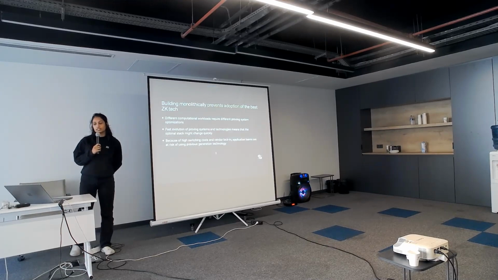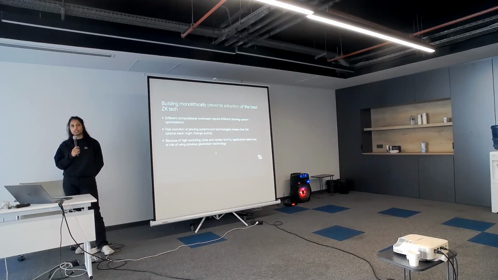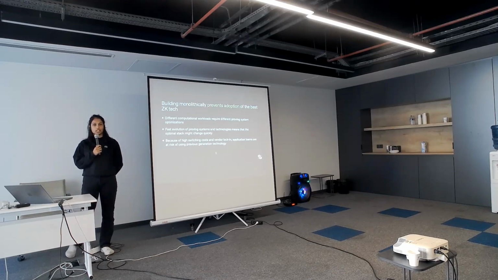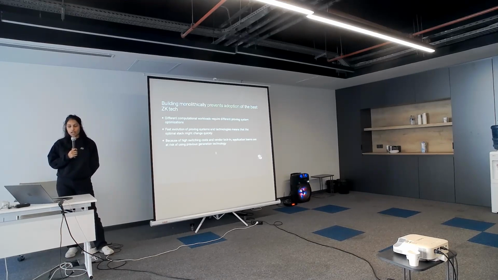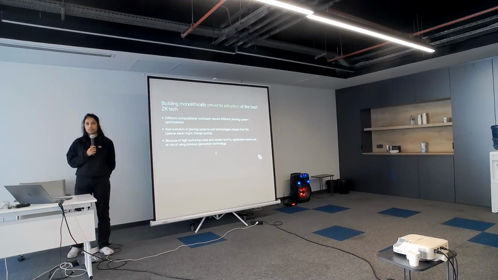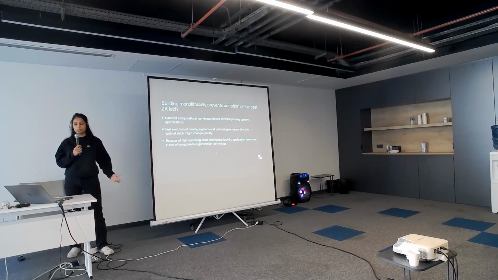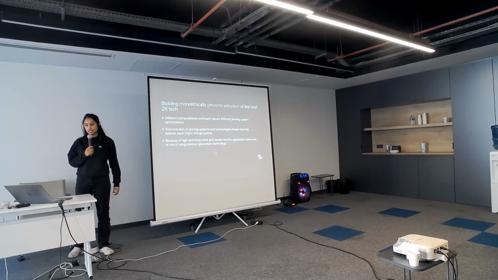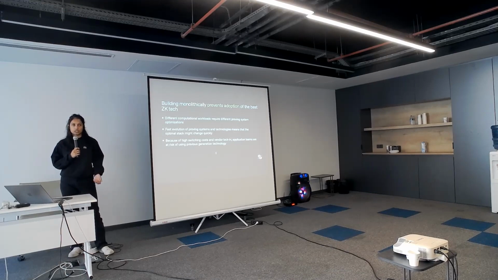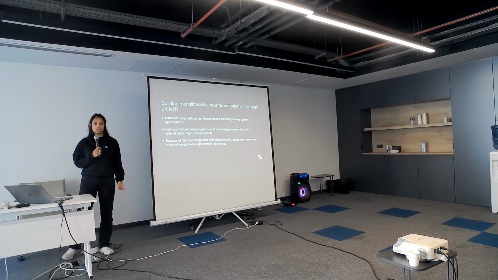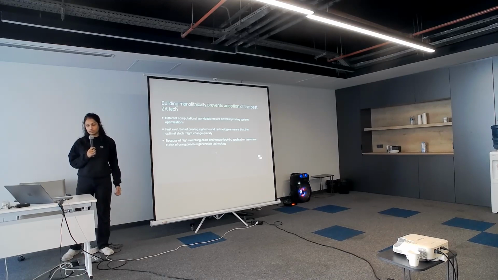And then finally, the ZK space is extremely fast moving, as I mentioned. Prover times have gone down orders of magnitude every year. Different proving systems have come out that have dramatically made things better for different computational workloads. And because of this fast evolution, the optimal stack that people might want to use might change very quickly.